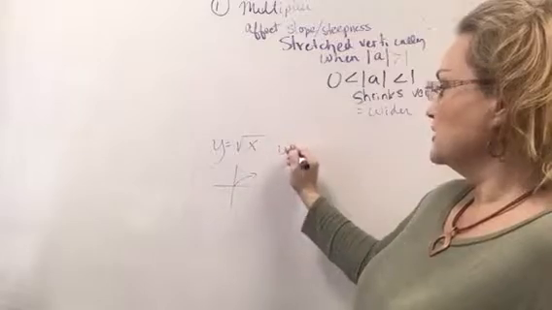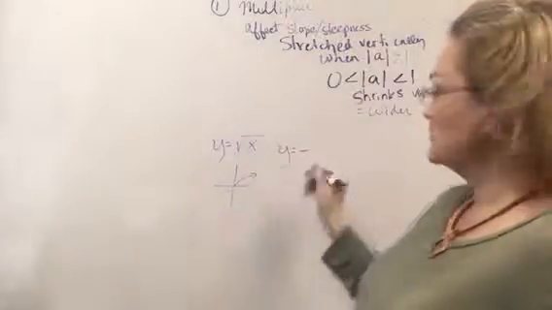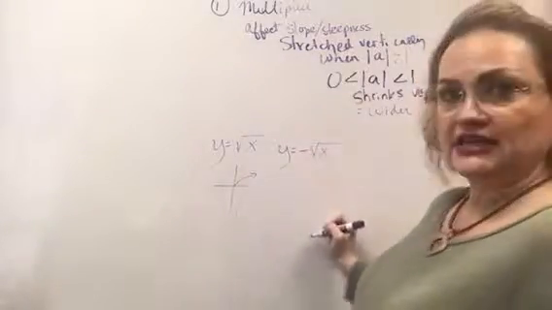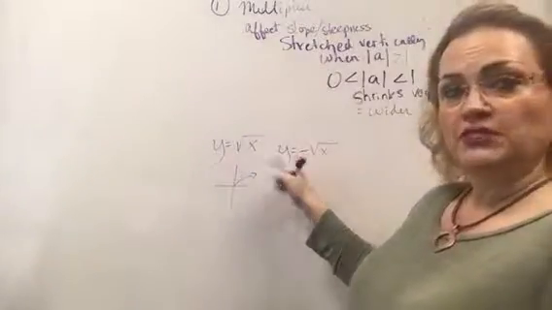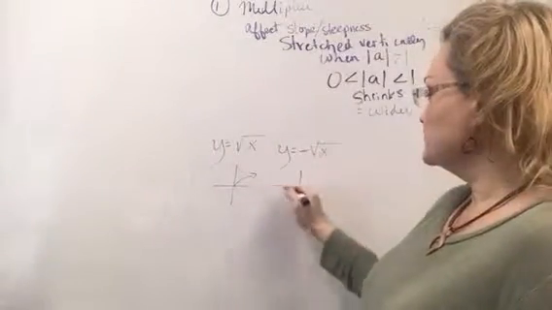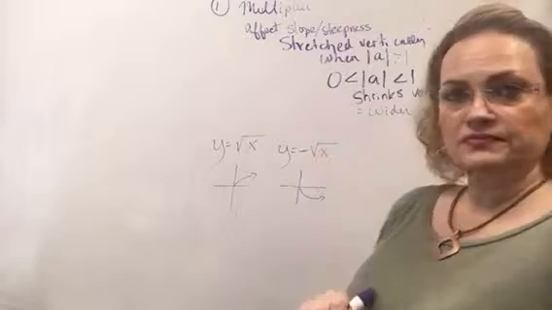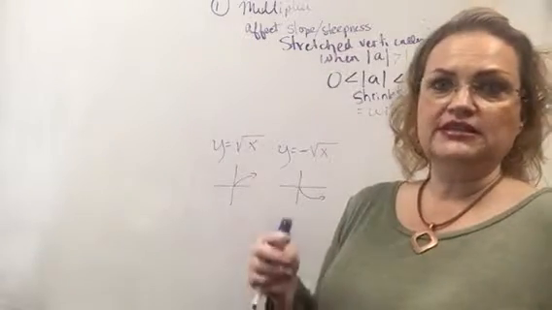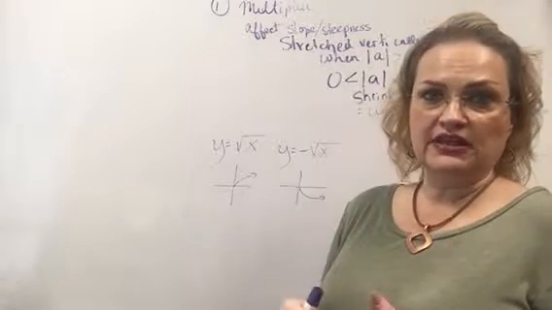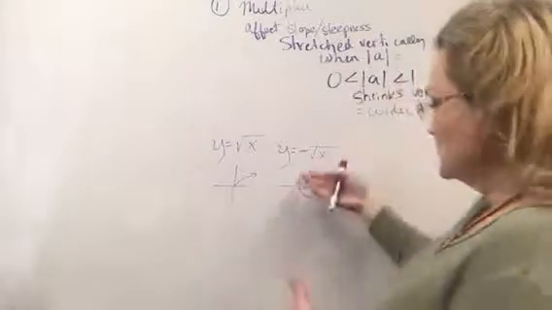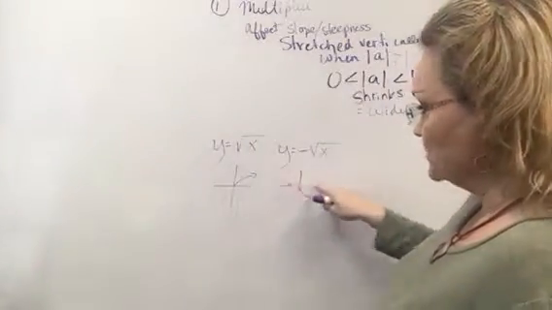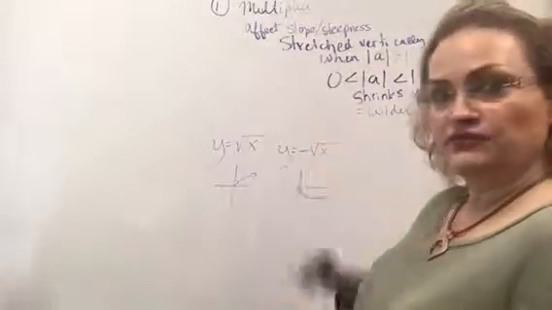But if I do y equals an independent negative in front of the square root of x, a negative 1 multiplier on the whole function, it flips the graph upside down. Now the better wording is it reflects it about the x-axis. So we're going to reflect the graph over this x-axis when there's a negative in front of it.